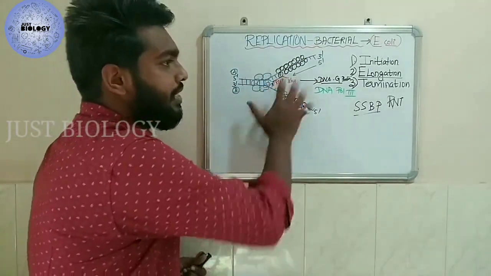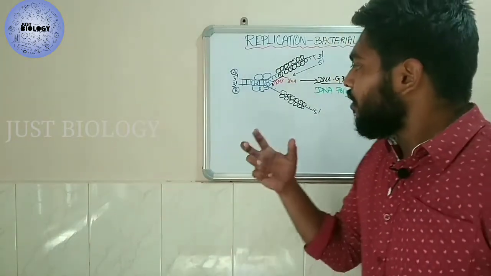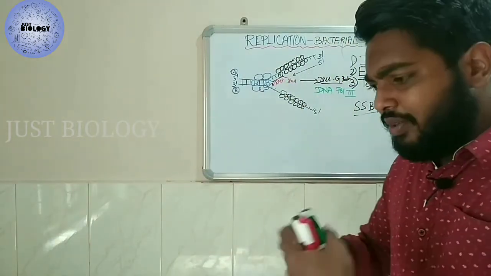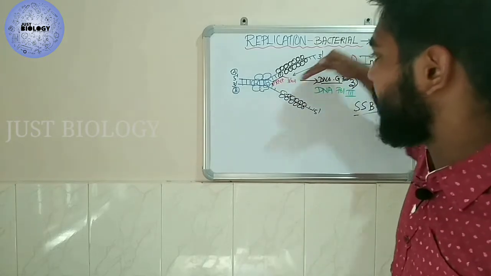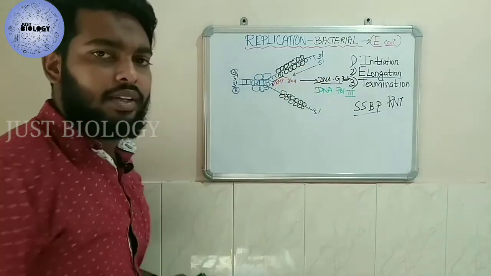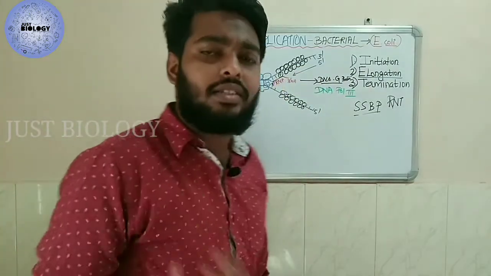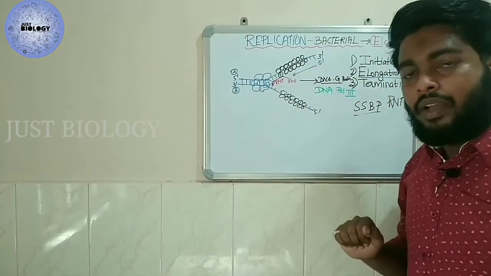Based on this directionality, we can call this DNA by different names, because this is a continuously synthesized strand. You can see they synthesize continuously, without any interruption or disturbance. They are able to synthesize in this direction.